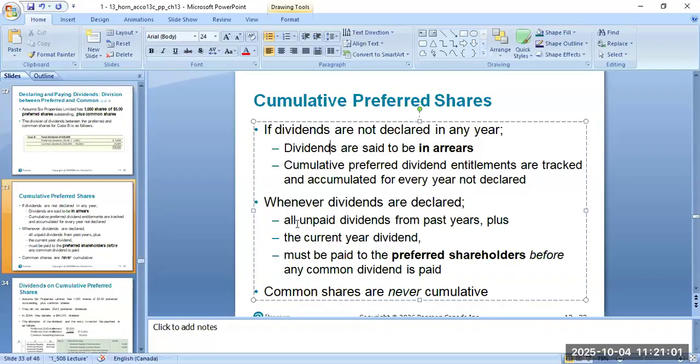Second, we're going to pay the preferred shares the dividend for the current year. Third, if there's anything left, common shares are going to get it. Now, common shares can never be cumulative. Only preferred shares are cumulative.